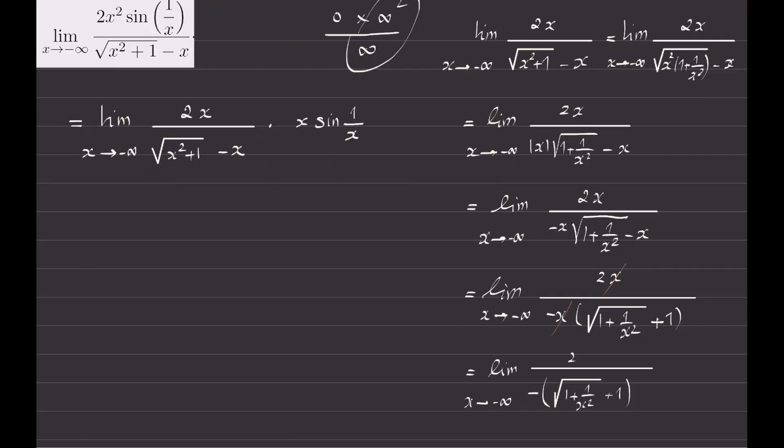Okay, x approaches minus infinity, so this part, 1 over infinity, goes to 0. So I have the square root of 1, which is 1, plus 1, 2. There is a minus sign, minus 2. So 2 divided by minus 2 is simply minus 1. Yes? Okay.